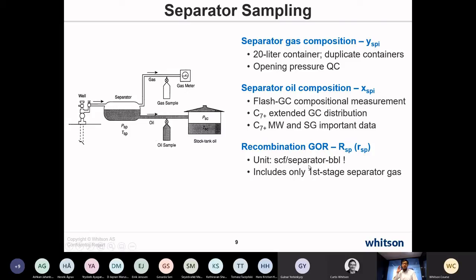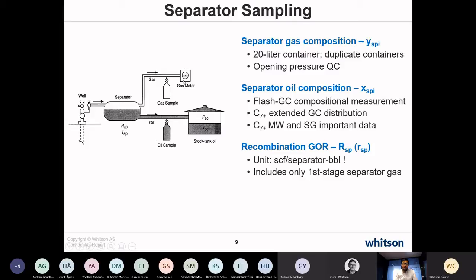Sometimes in separator sampling, it may not be possible to calculate the rate at the separator condition. Maybe you will be measuring the rate at stock tank condition. In that case, what you will be measuring in the field will be the stock tank barrels of oil, and you may be measuring the gas rate at the separator condition.